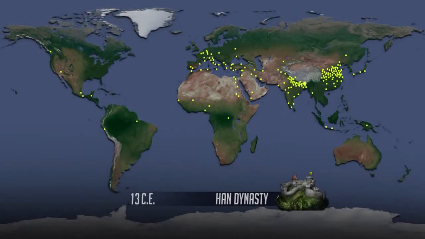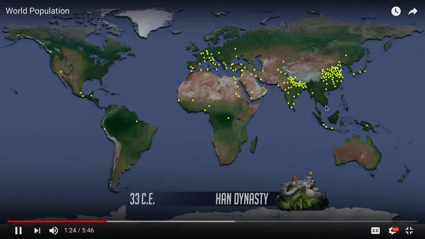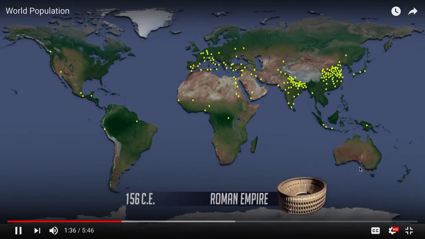All right, so here's the Han Dynasty. The Han Dynasty, for those of you that aren't familiar, was a Chinese dynasty. Pretty big deal. You see a few little dots popping up here in Europe. You can see there's not really a whole lot going on in Australia, not really a whole lot in the Americas. See the Roman Empire. It's popping up around Europe. You see a few more people popping up.